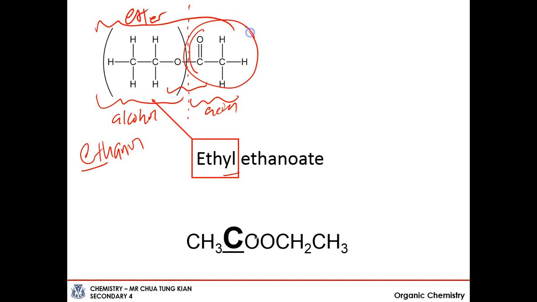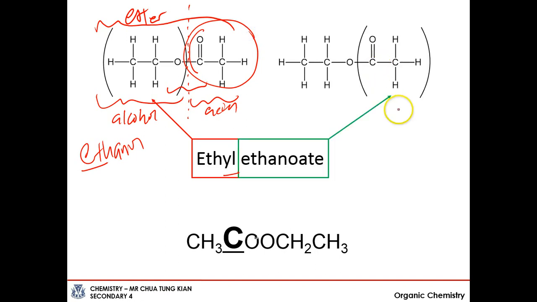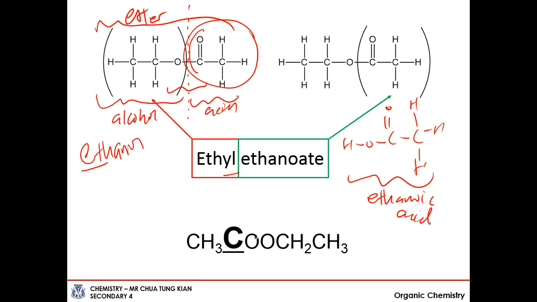This part here comes from the acid. It comes from carboxylic acid. So if I draw this way, I will have this carboxylic acid, which is called ethanoic acid. So ethanoic acid, I will call ethanoate. So this ester is called ethyl ethanoate. Alcohol in front, the acid part behind.